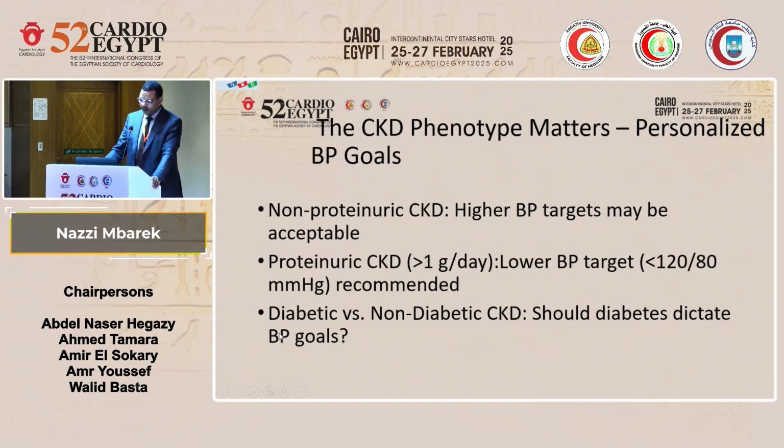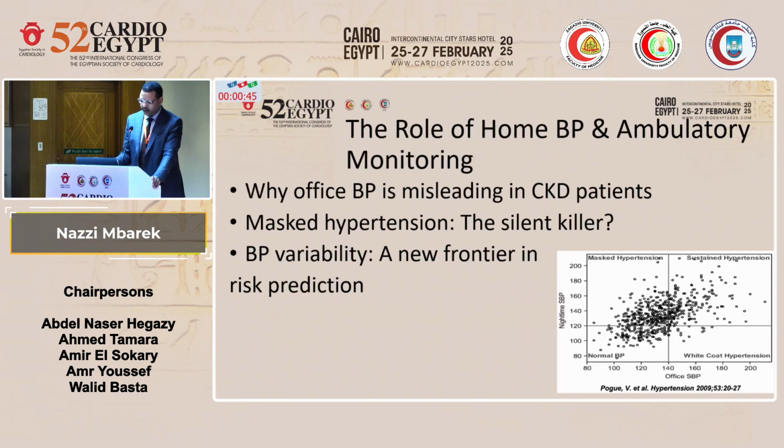And also the phenotype of CKD matters, because there are a lot of patterns of chronic kidney disease: the non-proteinuric, diabetic, the proteinuric. So all these patients have to be assessed. And also the role of ambulatory monitoring, because office blood pressure is not accurate.